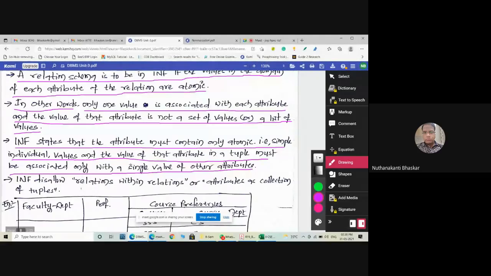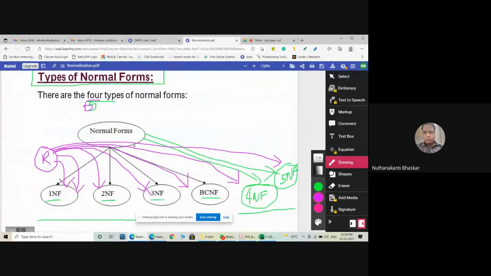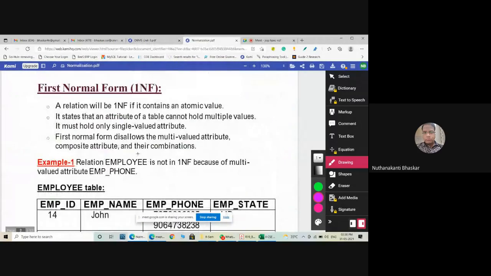So this is the meaning. Now I will show you a bookish definition and examples also. A relation is in first normal form if it contains only atomic values. It states that an attribute of a table cannot hold multiple values. It must hold only a single valued attribute.